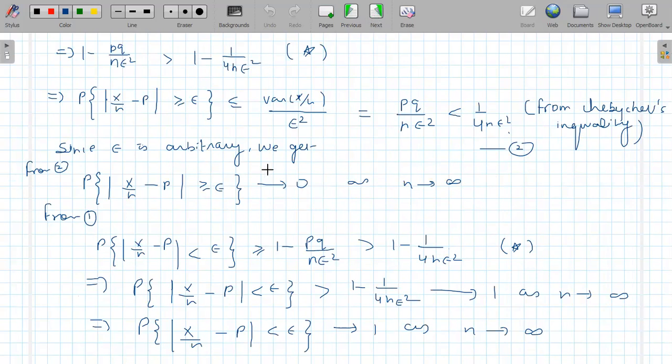Just go through the proof once again if you have not understood it. I am sure that you will get it easily understood if you have studied the Chebyshev inequality.